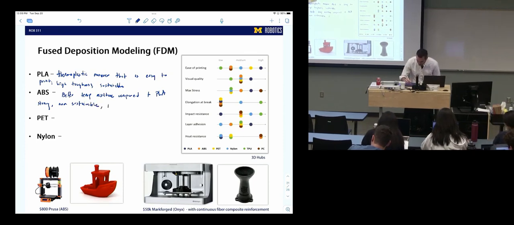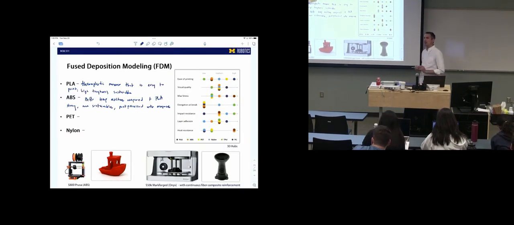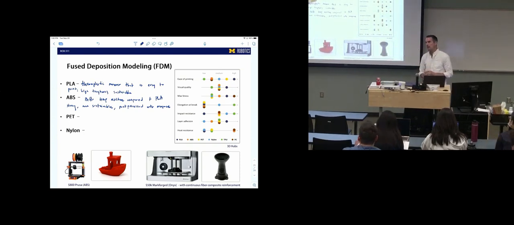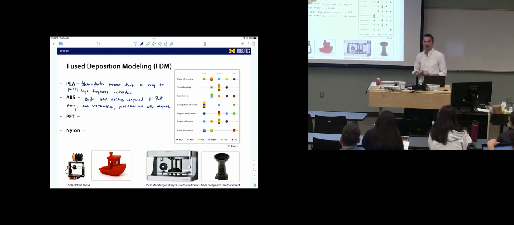It can be post-processed with acetone. Does anybody know what that does? Post-processing ABS with acetone? Makes it smooth. Yeah, it's called an acetone vapor bath. So you take your part after it's printed, put it in a little container with a cup of acetone, and that'll evaporate into the air inside, and that chemical will smooth out the print. And it'll improve the layer adhesion as well. So that's something that people do with ABS.